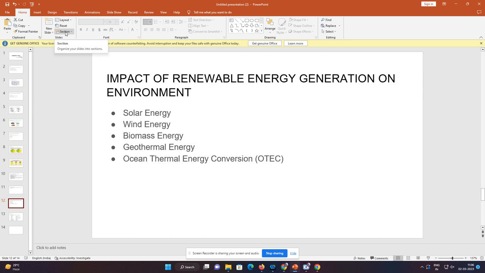Large scale withdrawal of underground fluid from a geothermal field may cause ground subsidence and damage to surface structures, and it is a small fraction of the emission intensity of conventional thermal plants.